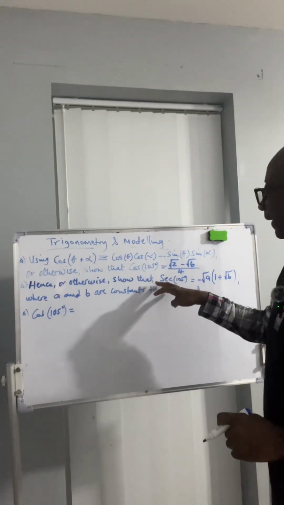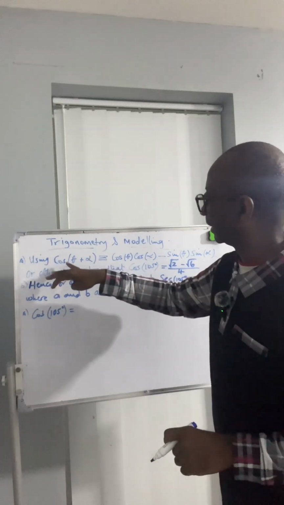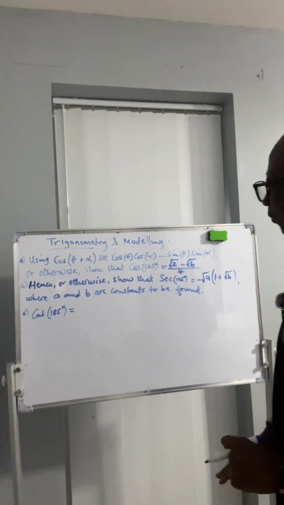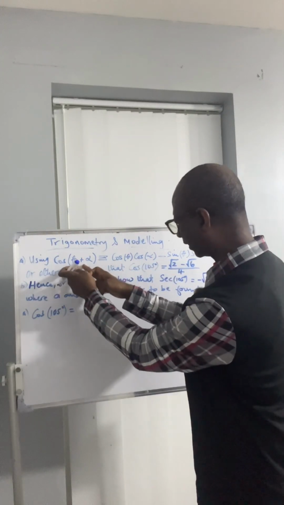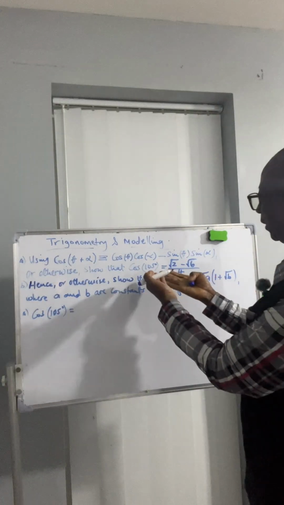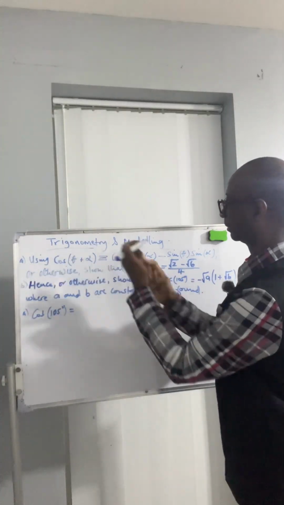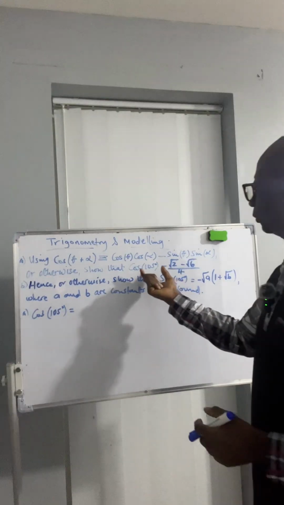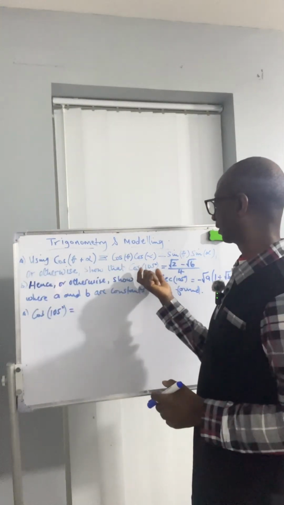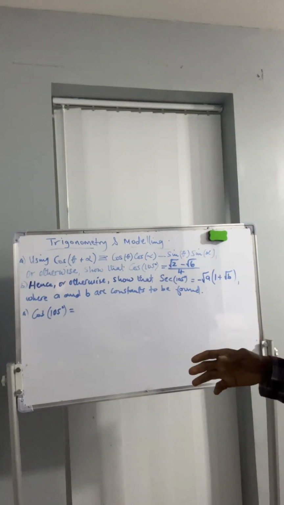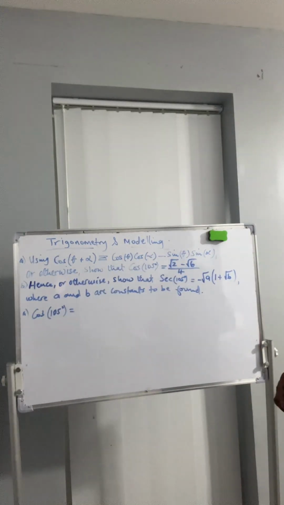This is the angle addition formula. You have theta plus alpha, right? So inside this theta plus alpha, we have 105 degrees. How do we break down this 105 degrees into theta and alpha using this angle addition formula?